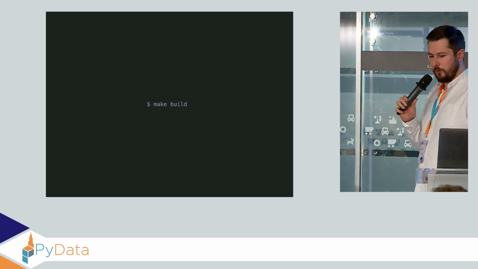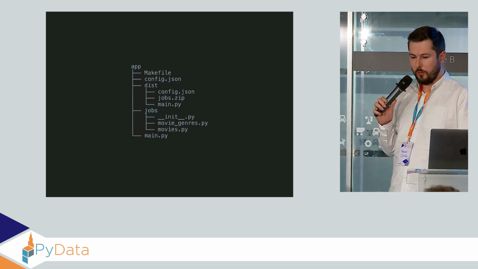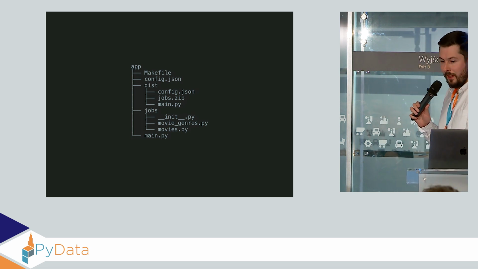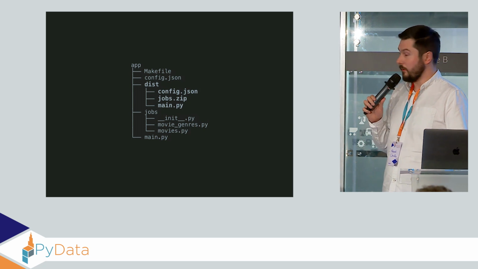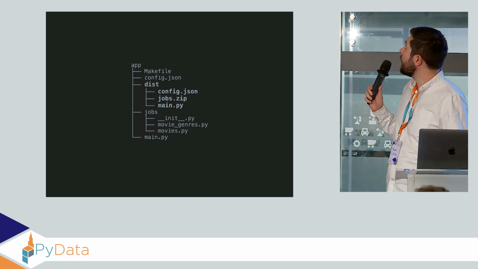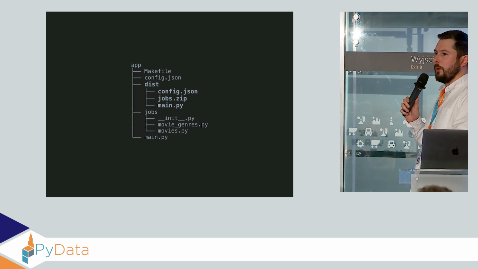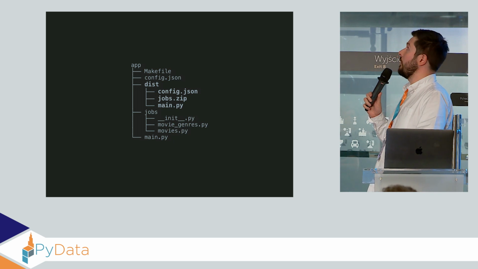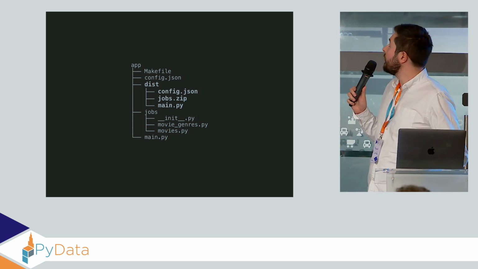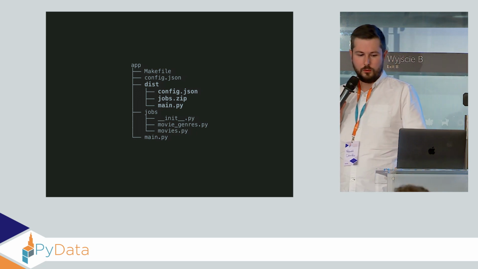So now after running the make build command, we are presented with this application structure. And we can see that there's this new dist directory, which contains everything that we need to deliver to our cluster. It separates our code from what we need to deliver to our cluster.